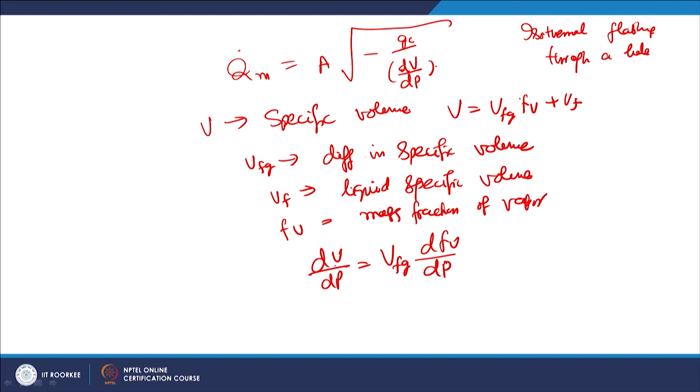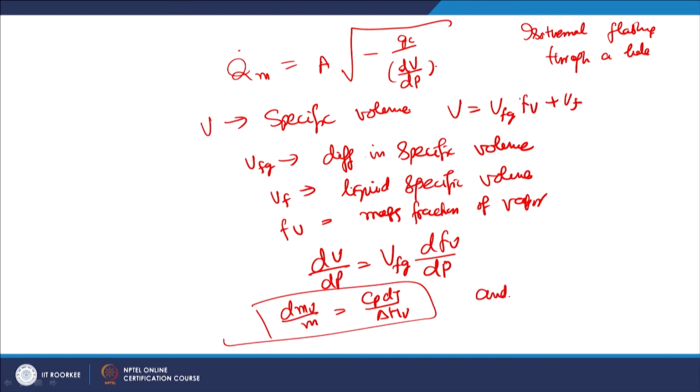So, we derived that dmV upon m is equal to Cp dT upon delta HV, and dmV is equal to minus dm1. So, applying all these conditions, dmV upon m is equal to minus Cpl dT upon delta HV, which is equal to dFV.